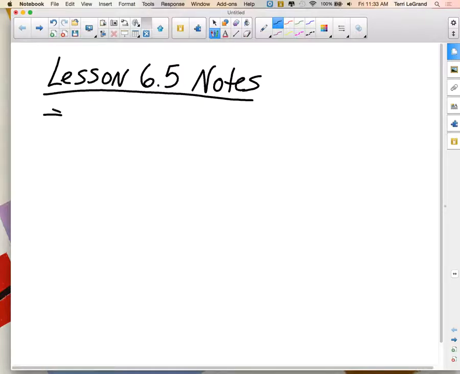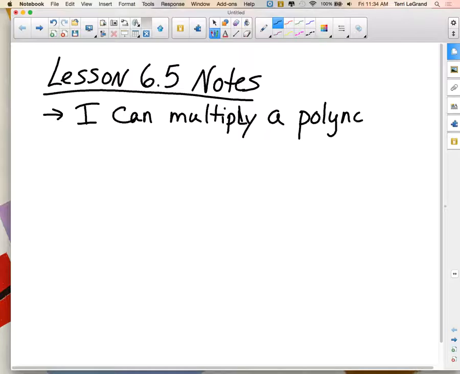So, whether you're copying it from me or you're looking over at the board over there, I can multiply a polynomial of 2 terms or more.